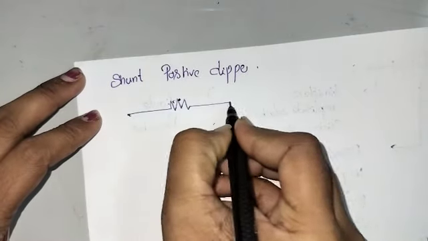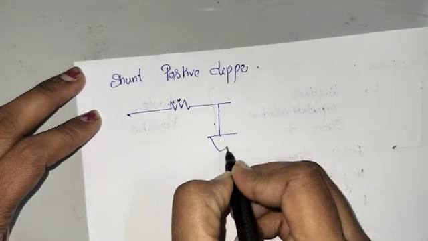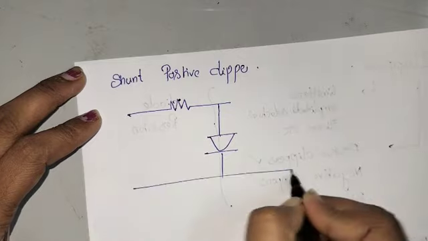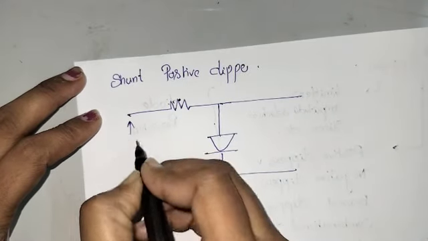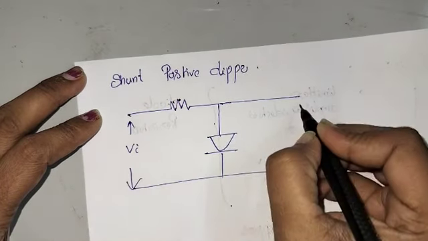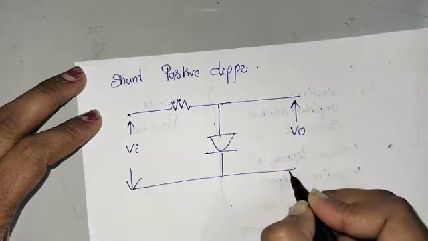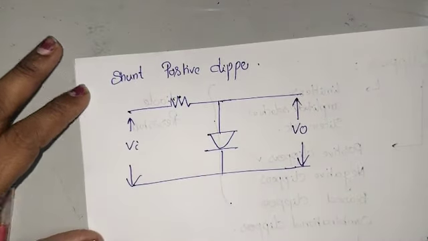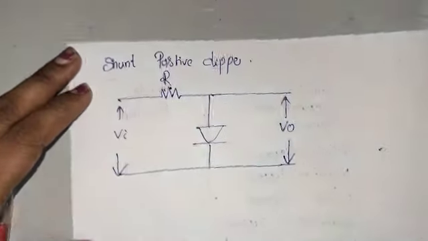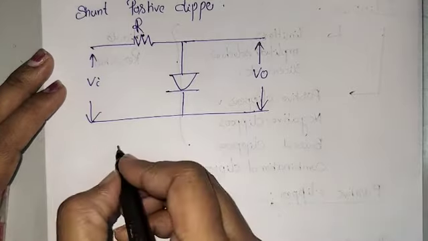So the resistance is here. The circuit is like this. V in, V0. Okay. So here same waveforms.